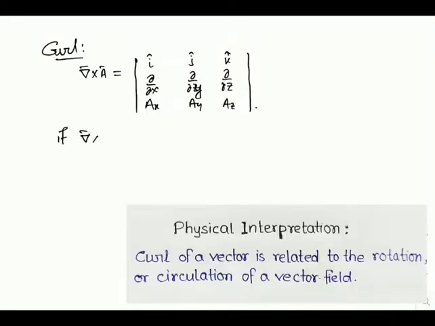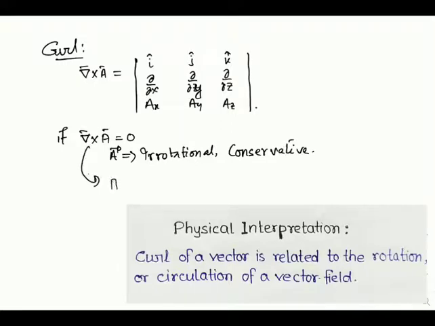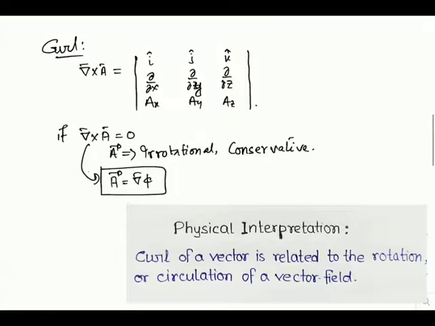It is obvious that curl A is a vector function, unlike divergence A. If curl A equals 0, then the vector A is classified as an irrotational and conservative vector, and in that case the vector can be written as the gradient of some scalar function phi. The physical interpretation of the curl of a vector is related to the rotation or circulation of a vector field.